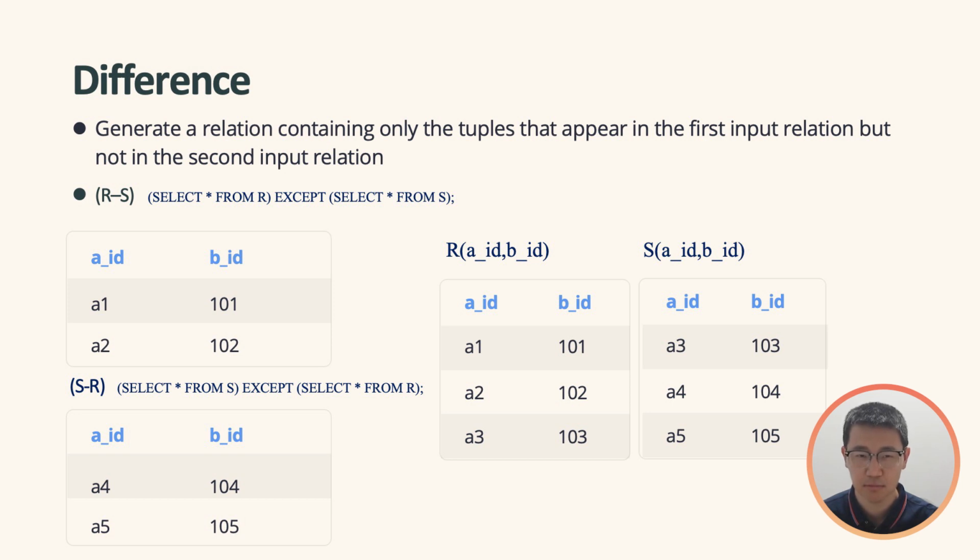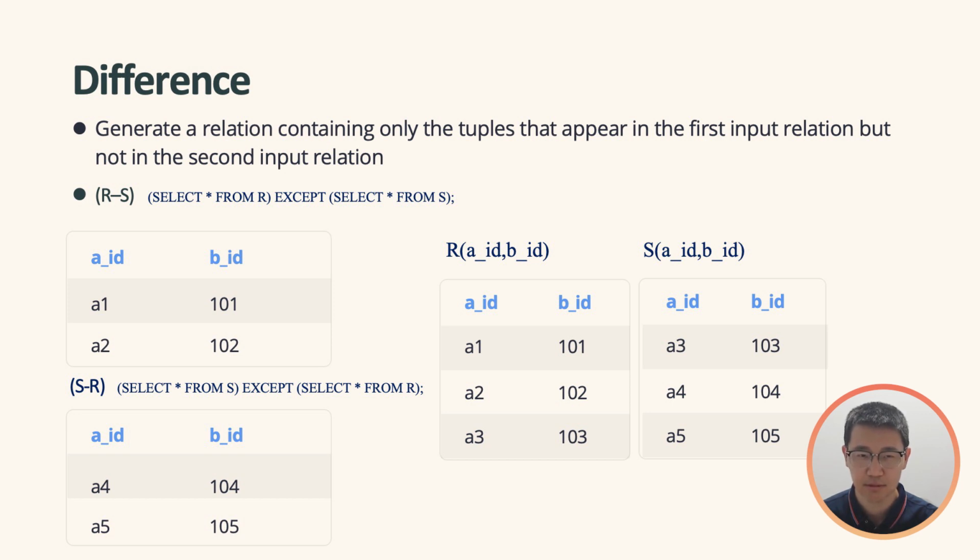So the final output will be A4 104, A5 105, which appear in S, and since A3 103 is already in R, it is excluded, resulting in such an outcome.